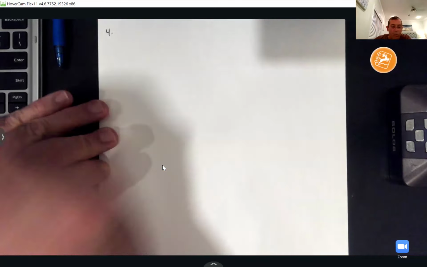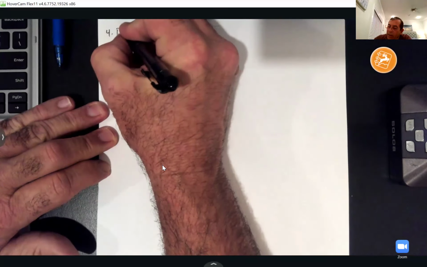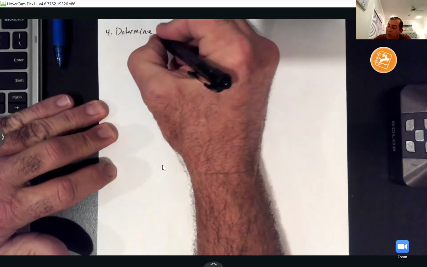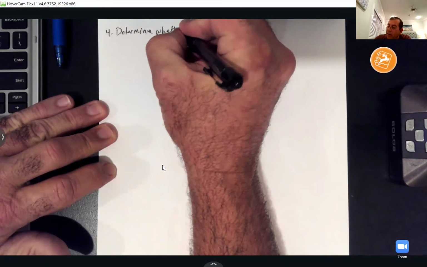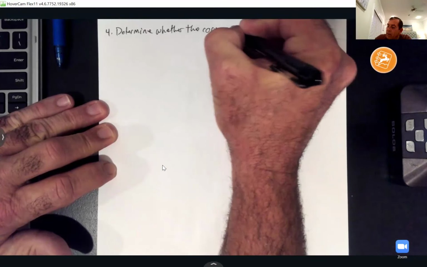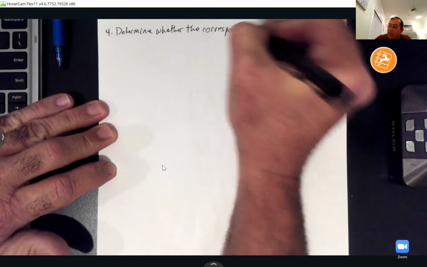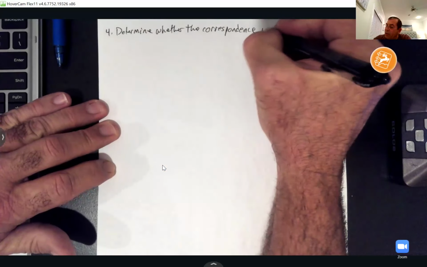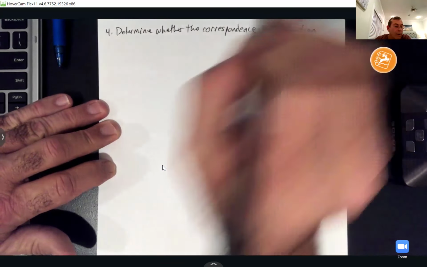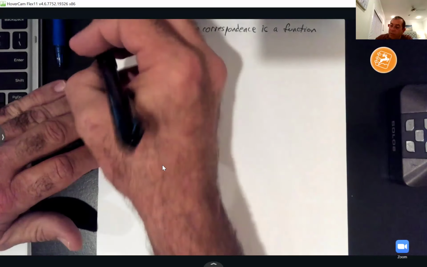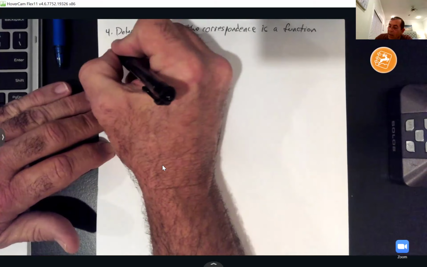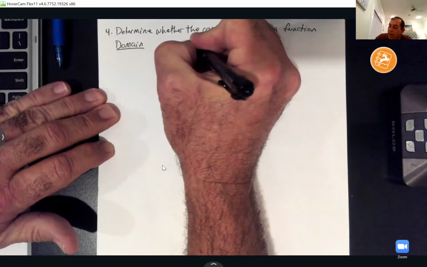All right, so number 4, we're going to determine whether the correspondence is a function. So they're giving me a little table that has a domain and a range.